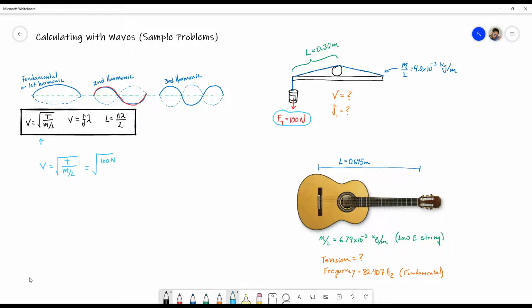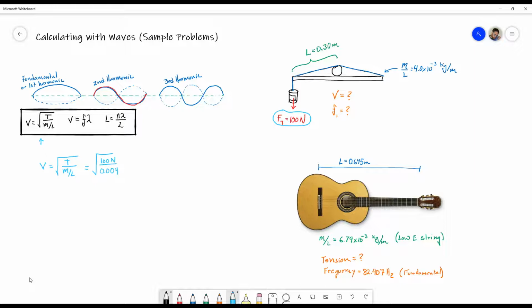So F_T here is the force of tension. T down below is the tension. It's the same thing. And then underneath here, I'm going to divide this by my mass per unit length. And as I said before, I have it written in scientific notation up at the top, but I can go ahead and write that down in extended notation: 0.004.